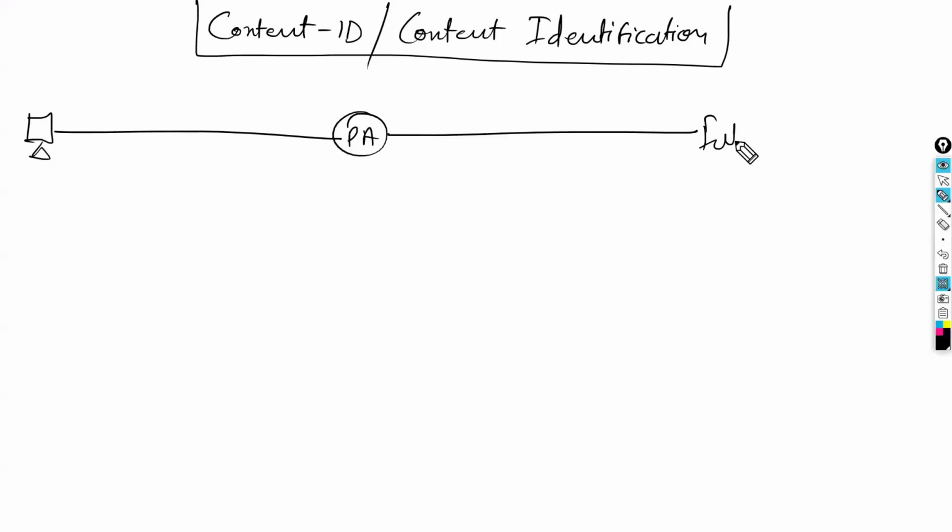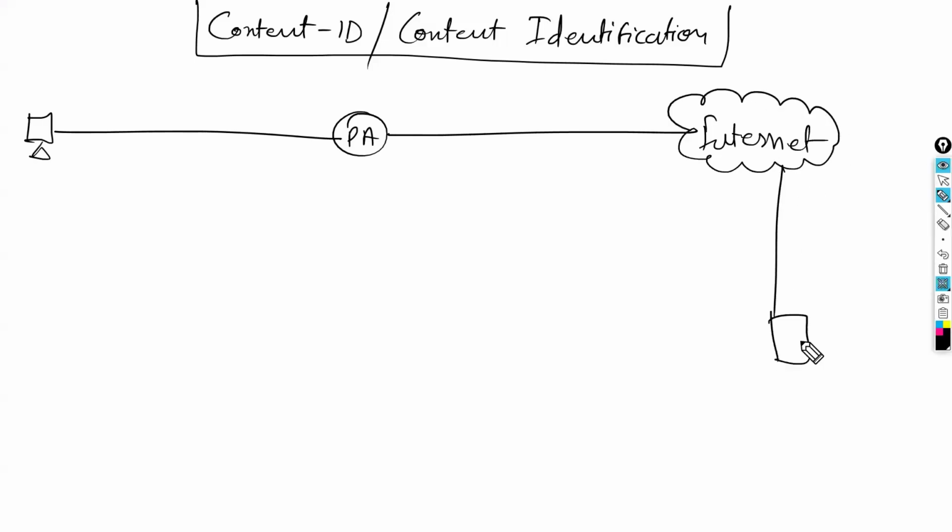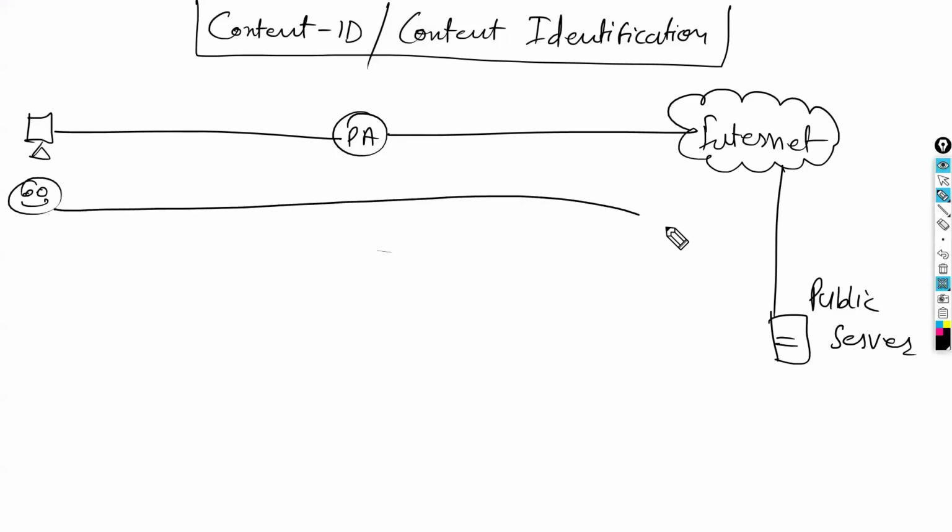Okay, now we have a PC connected with Palo Alto. Palo Alto is connected with the internet, and at the internet we have a public server. We have a client in the inside network. That client will send a request to the public server. This request will go through the Palo Alto firewall.